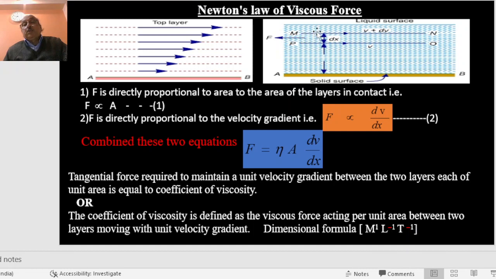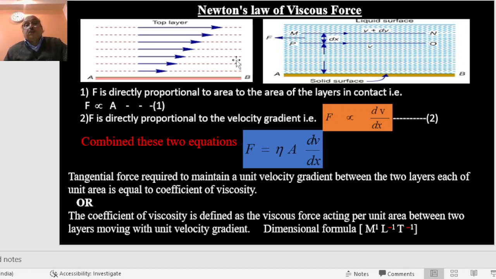Here the layers of liquid are MN and PQ. The upper layer is MN, which has velocity v plus dv, and the lower layer is v. The upper layer has more velocity than the lower layer. The difference between the distances is dx, and the viscous force is opposite to the direction of motion of the liquid layers.